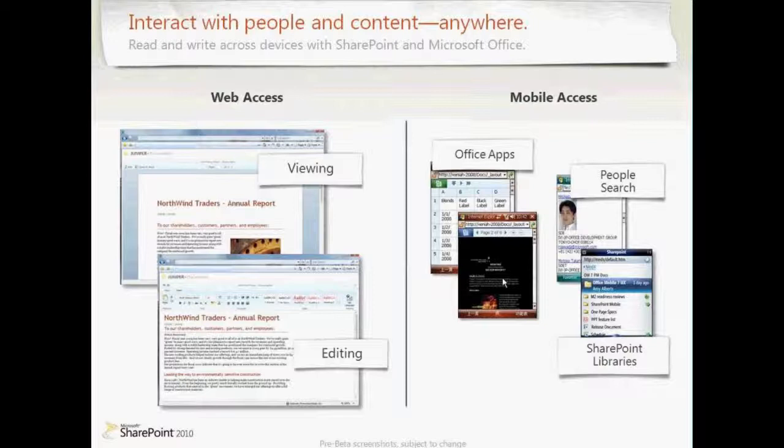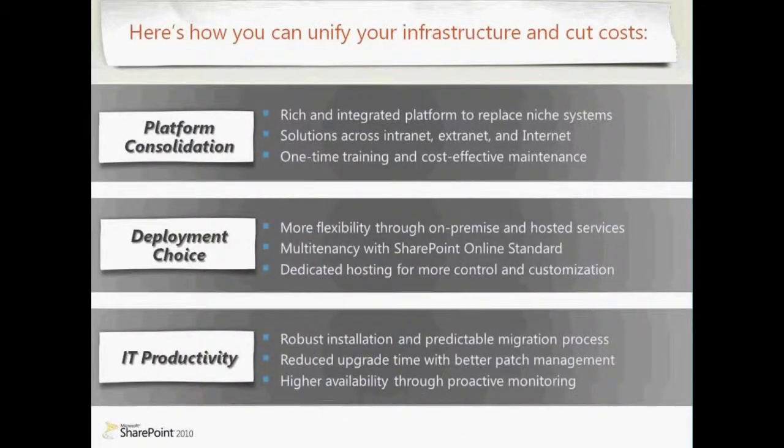Right? That's what Office web apps are. You can also do searches through that mobile device. So if I need to find someone to communicate with them on the SharePoint site, I can do that. I can search against people, and I can search against SharePoint libraries. So that gives me good interactive capability with SharePoint from a mobile device.